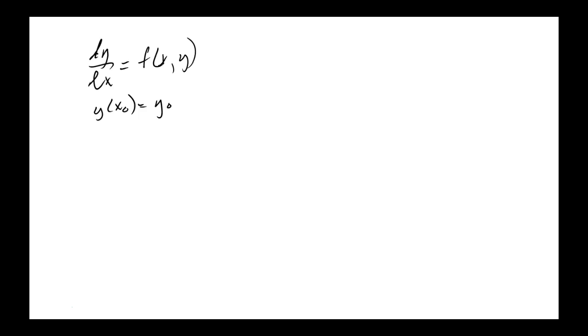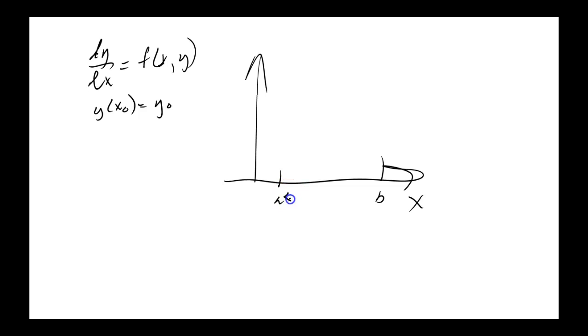Okay? Now, in your book, they show, let's just imagine that you have your y-axis here, your x-axis here, and you're dealing with an interval that goes from here to here, let's say A to B. X equal A to x equal B is your interval.